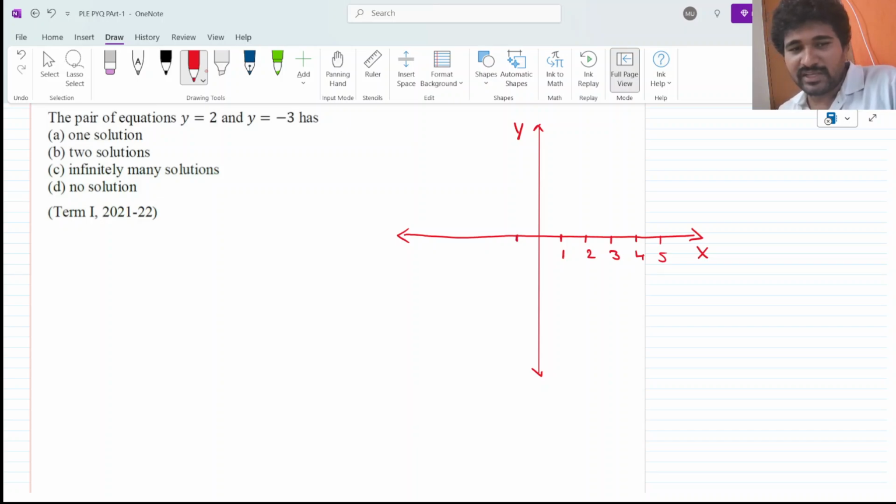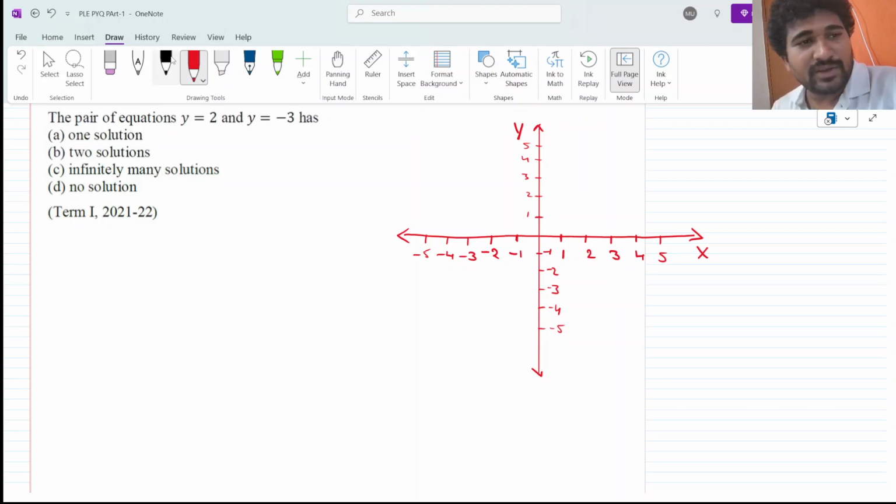What will I indicate here also? -1. It is the negative x-axis. -2, -3, -4, -5. On the y-axis: 1, 2, 3, 4, 5, and -1, -2, -3, -4, -5.